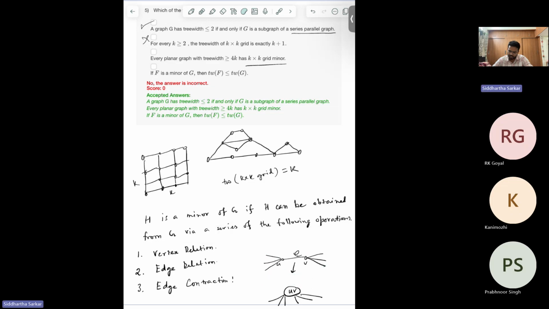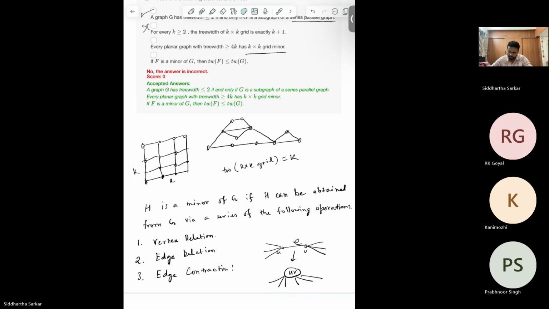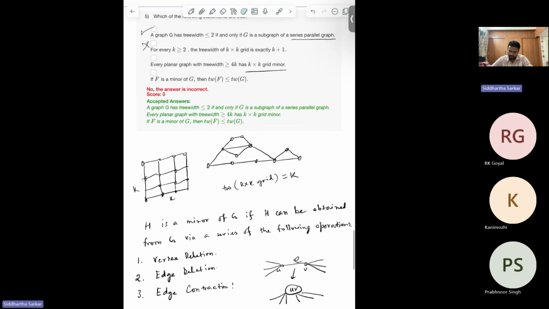Suppose you pick an edge E which is incident to two vertices U and V, then the edge contraction operation is removing the two vertices U and V and replacing them with a super vertex UV, and additionally all the edges that were incident to U and to V are now made incident to this new vertex UV.